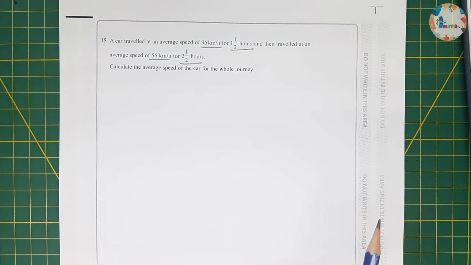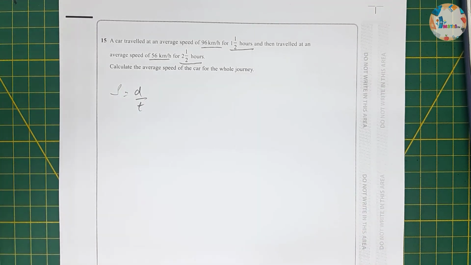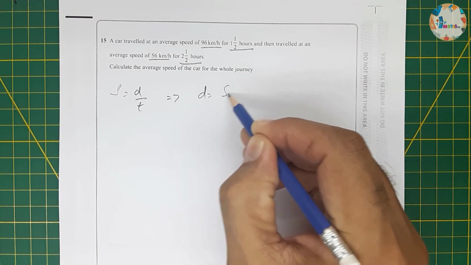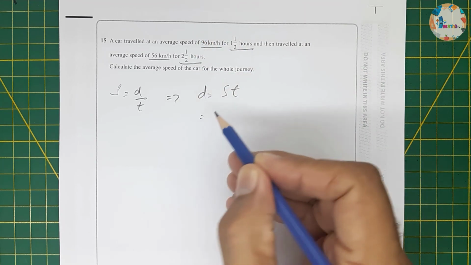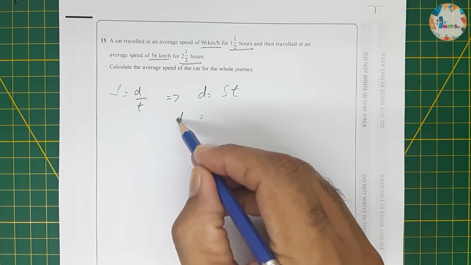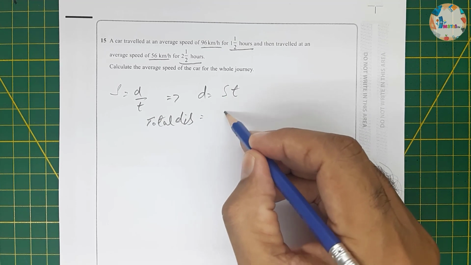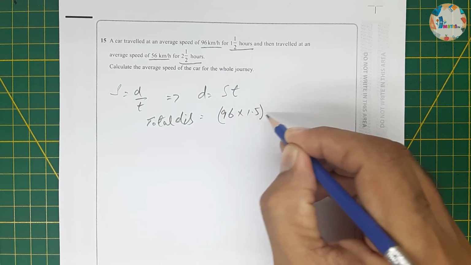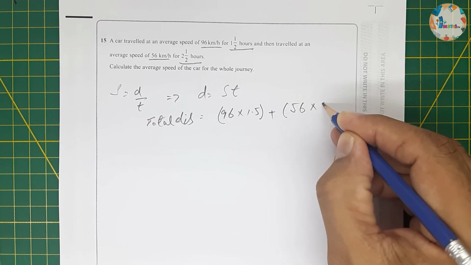So we'll have to calculate, and we know speed is equal to distance over time, so we will be applying this. So we will calculate distance. This implies distance will be equal to speed into time, and for this one we will check the distance in both cases. Total distance will be equal to 96 kilometers per hour multiplied by 1.5, plus 56 multiplied by 2.5.